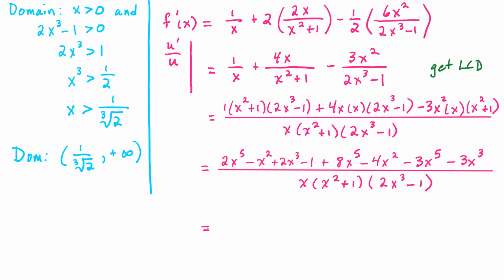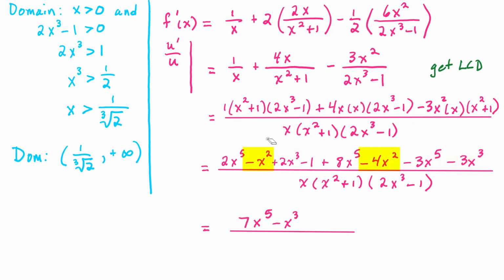And then finally, we combine like terms. We have 2x to the fifth plus 8x to the fifth is 10x to the fifth minus 3x to the fifth means we have 7x to the fifth. Then we have 2x cubed minus 3x cubed, so that means we subtract x cubed.